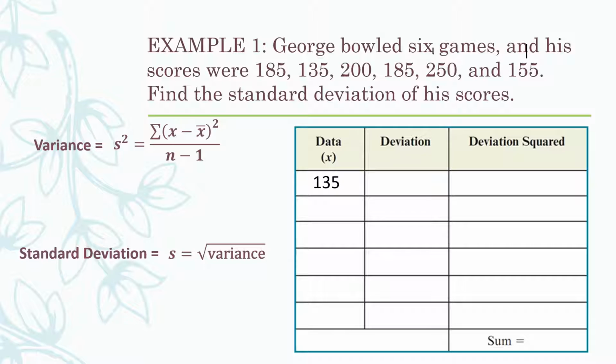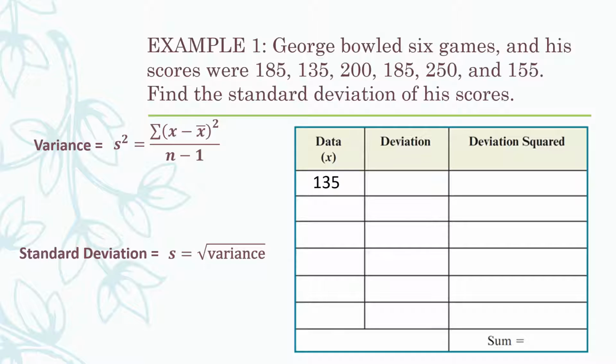Now, let's talk about what we'll do after we figure out what n minus 1 is. Alright, so after we figure out what n is, the number of data values that we have in our data set, it's also called the sample size. Alright, so after you figure out what n is, we've just figured out here that n was 6. You're going to do n minus 1, so 6 minus 1 would be 5.